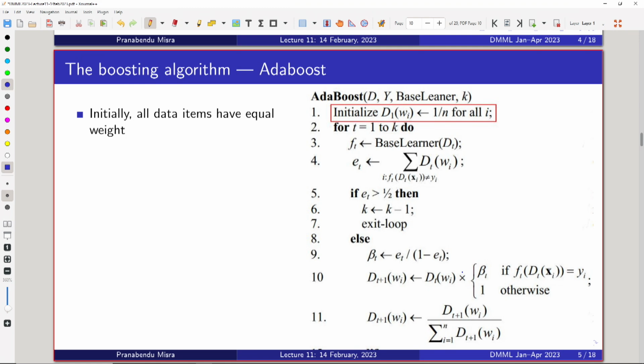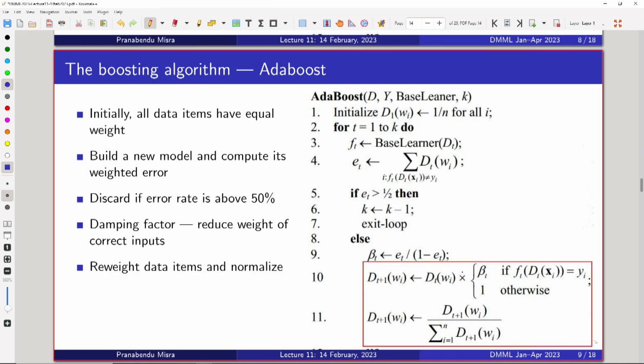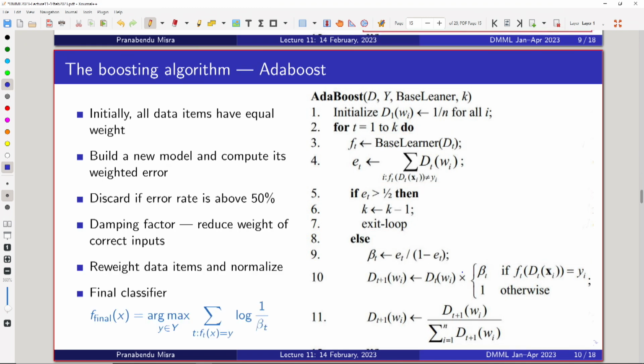So, you decrease the weights of those things that the classifier gets correct, and others you just keep as they are, right, and then you normalize these weights. So, this is the algorithm. And after you are done, the final classifier is just this, right. So, that alpha i becomes essentially log of 1 over beta, right.